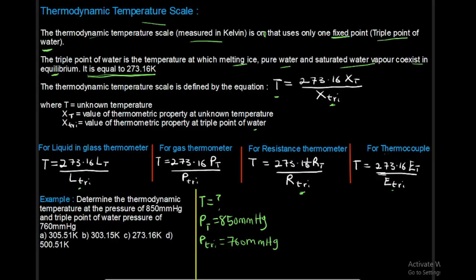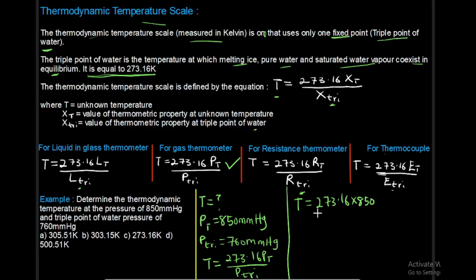So our equation is going to be this one: unknown temperature equals 273.16 Pt, pressure at unknown temperature, all over pressure at triple point of water. Plugging in our values, we have 273.16 times 850, which is the pressure at unknown temperature, all over 760, the pressure at triple point of water.